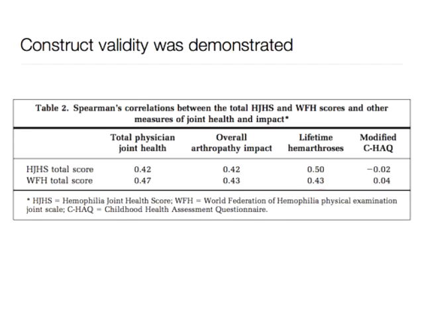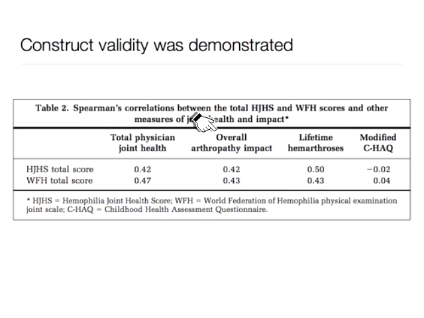And what we showed was that, in fact, the HJHS had very good validity as well as reliability. I'm showing you here correlation coefficients on the top line with the Hemophilia Joint Health Score, on the bottom line with the older World Federation Gilbert score. Between the scores and the physician-judged joint health, we had very good moderate correlations.